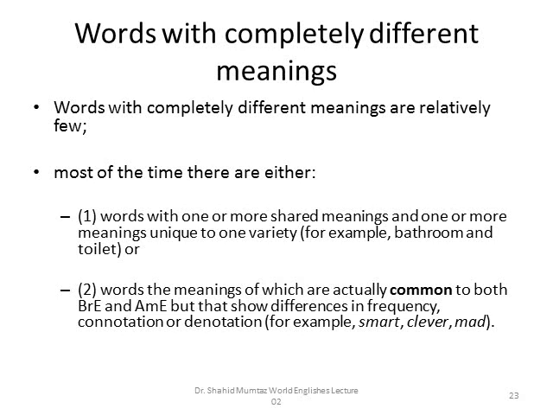Second, words the meaning of which are actually common to both British and American English. The meanings of those words are common to both, but there is a slight difference in terms of frequency, connotation or denotation.